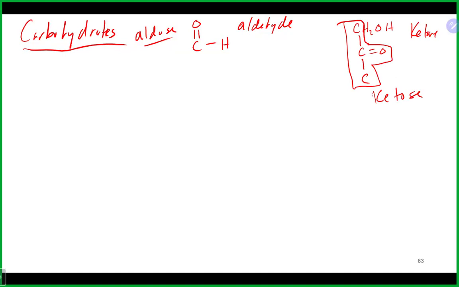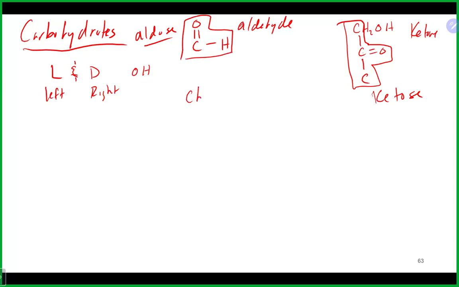We talked about L and D, and remember that L and D refer to basically the last hydroxide group, OH group, and which side it's on. If it's on the right-hand side, it's a D. If it's on the left-hand side, it's an L. And it is the last chirocarbon from the top, or from the functional group here on these guys.